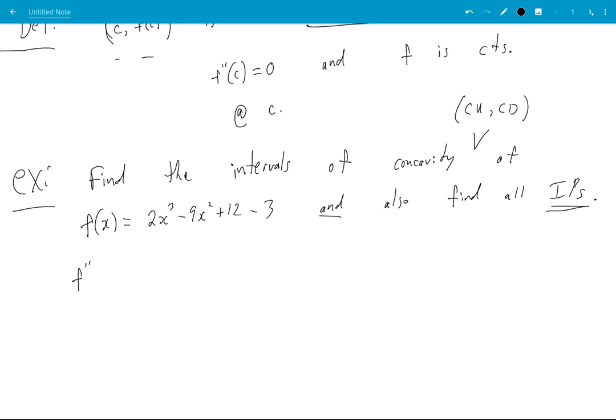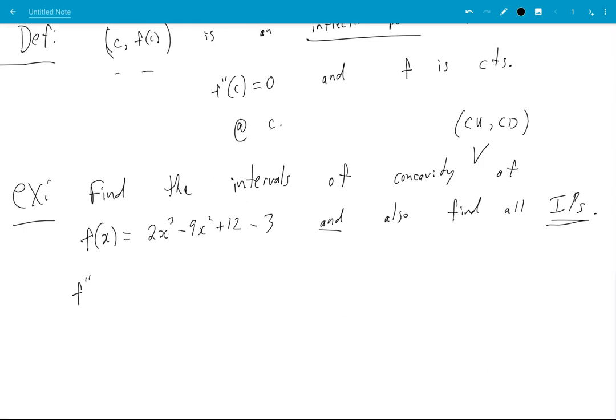So we want to find f double prime. So we start by finding f prime of x, 6x squared minus 18x plus 12. f double prime of x is 12x minus 18.